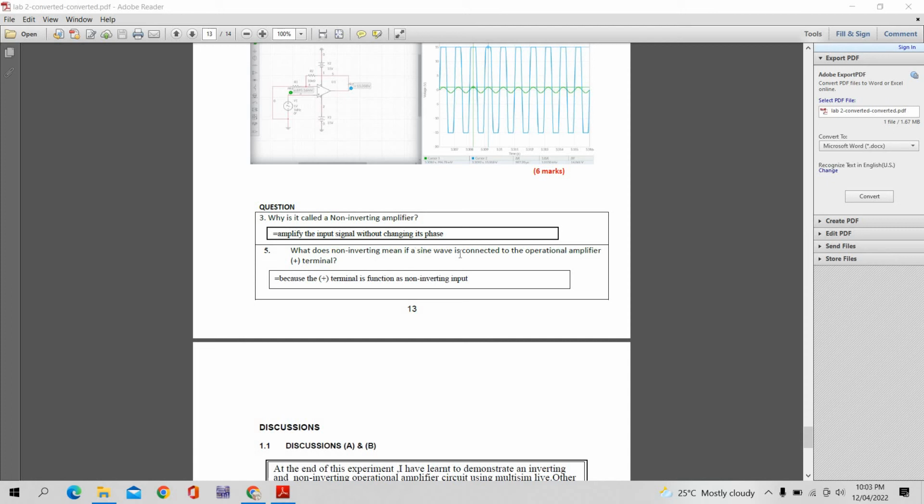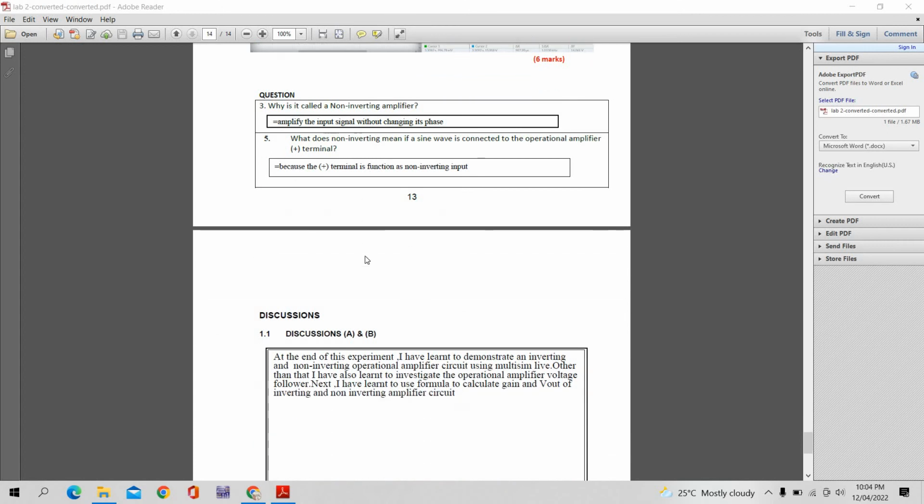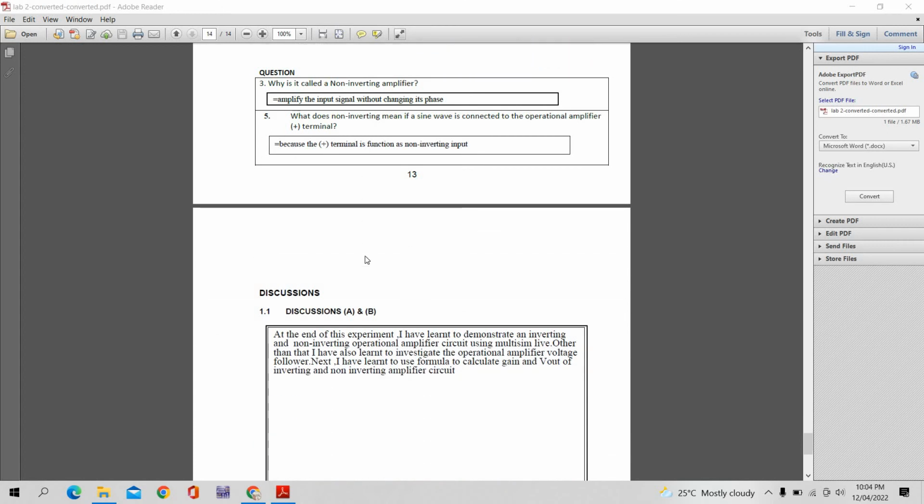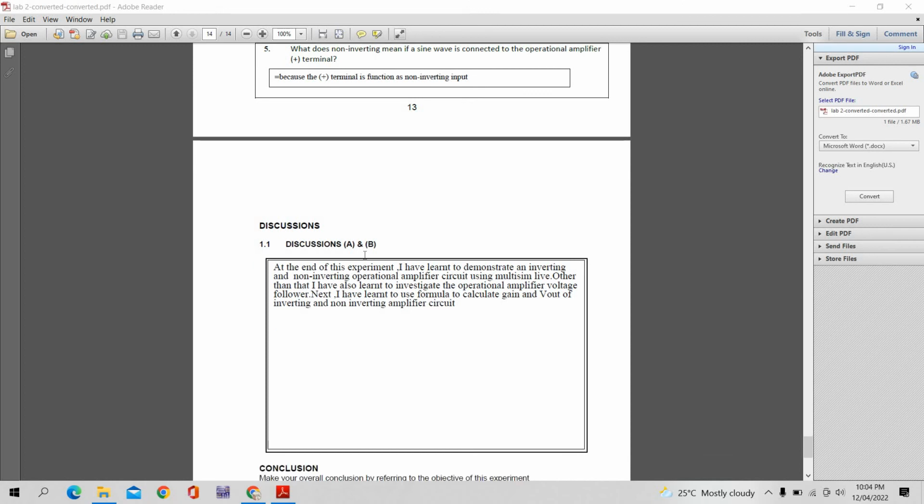If a sine wave is connected to the operational amplifier's positive terminal, which functions as the non-inverting input, it won't invert the input, and the output will be in the same phase as the input signal.